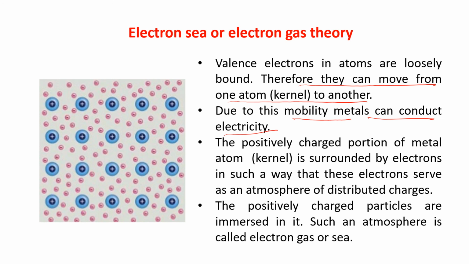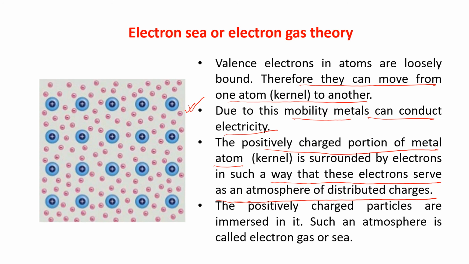The positively charged portion of the metal atom, that is kernel, is surrounded by electrons, you can see in the figure, in such a way that these electrons serve as an atmosphere of distributed charges.